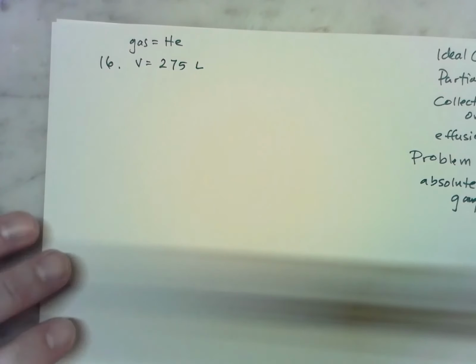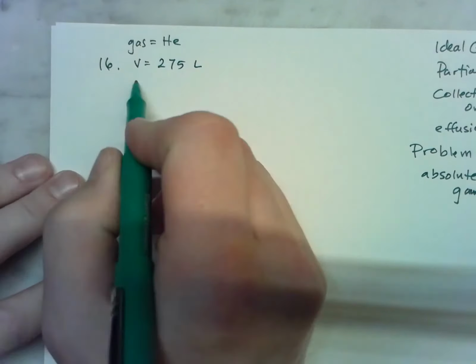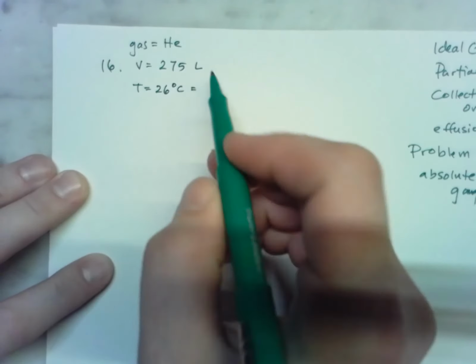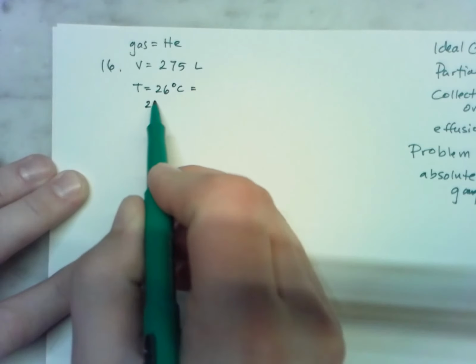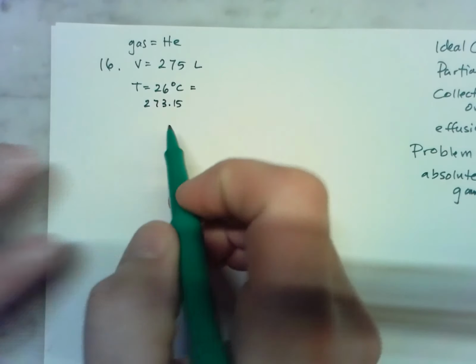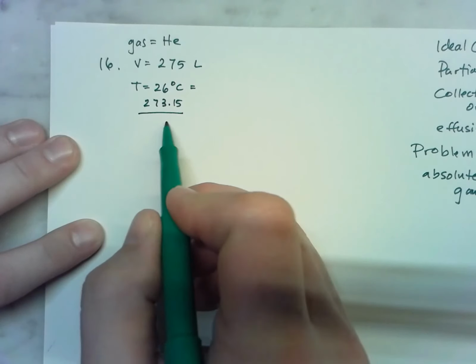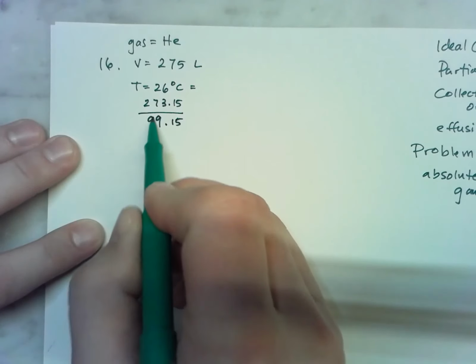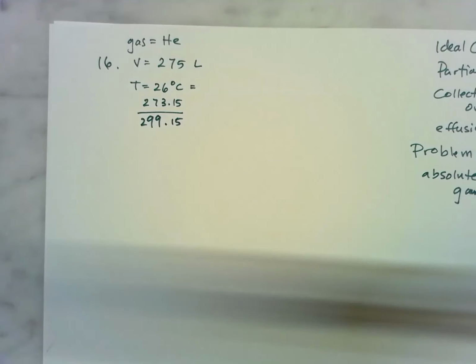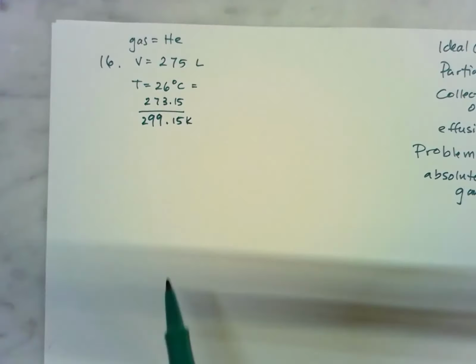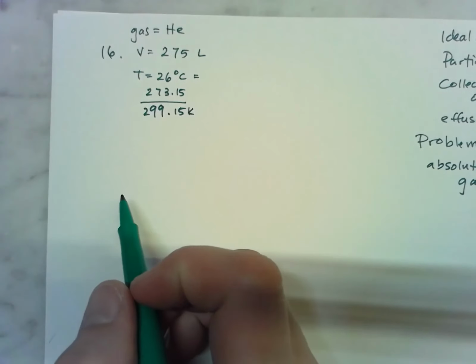All right, we've also got temperature is equal to 26 degrees C, which is equal to... excuse me. All right, we need to go ahead and change that into Kelvin for our temperature.